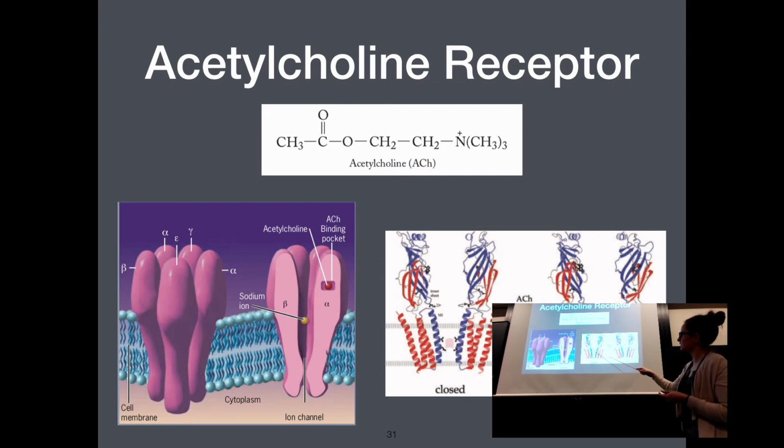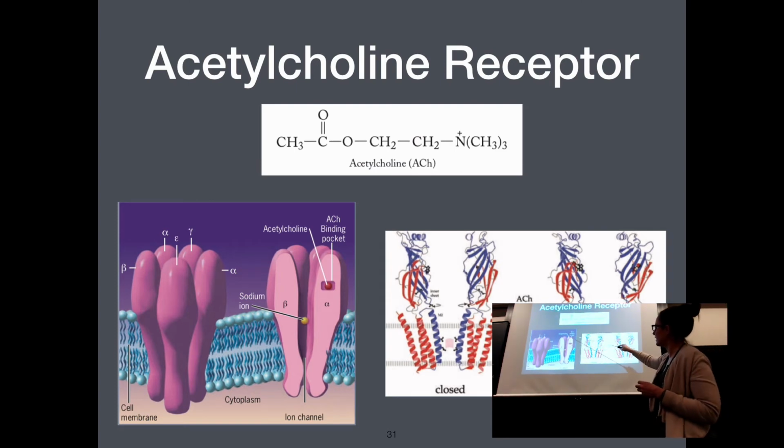The one lining the pore is shown in blue, and the other ones are shown in red. There is also a quite big extracellular domain that is mostly made of beta sheets. On this cartoon, you can see that acetylcholine will bind to the extracellular domain in these beta sheets, and this signal will be transported to the pore and signal it to open and close.